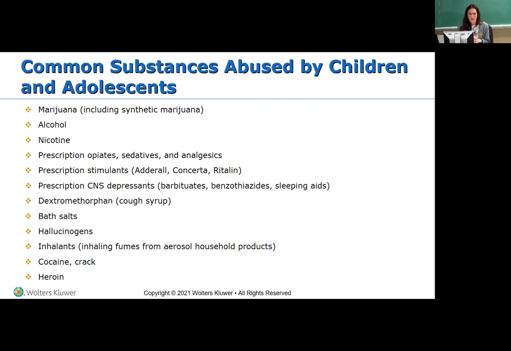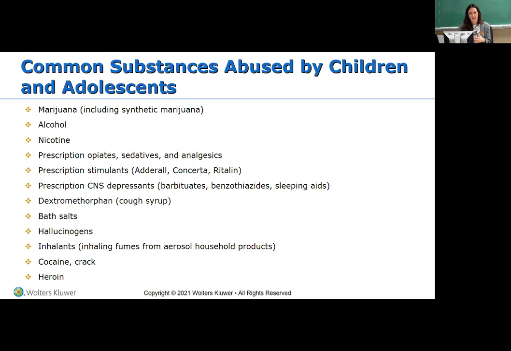There could be hallucinogens, whether it be mushrooms or LSD. They could also be using inhalants. You've seen those computer sprays that you can spray to dust off. They can inhale that, and it can cause a tremendous high for them.